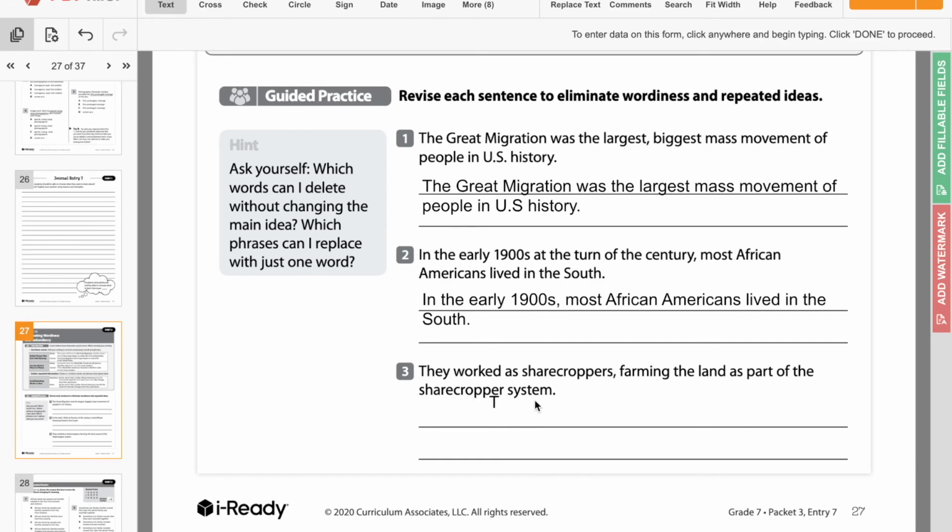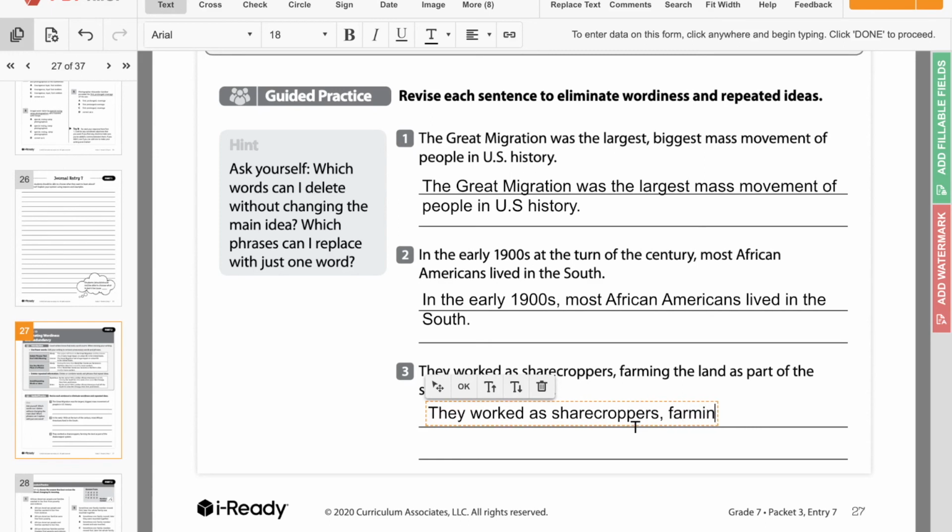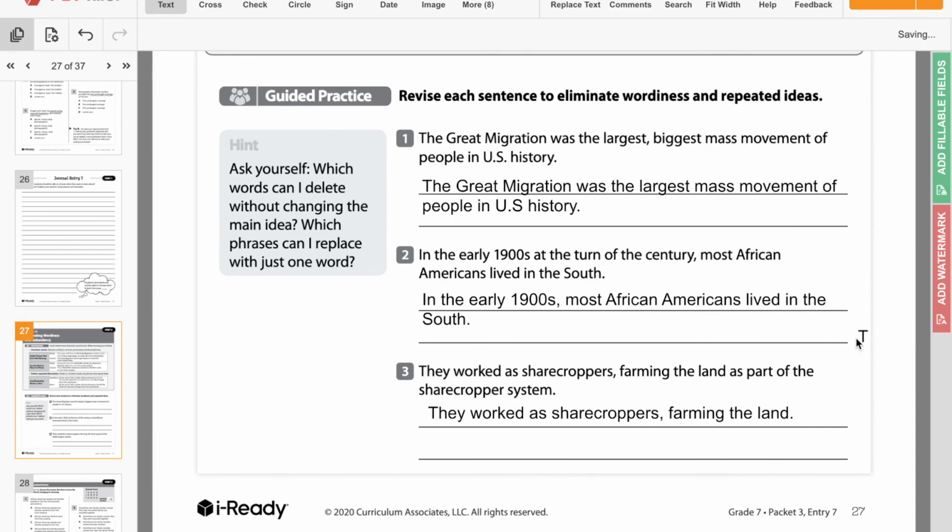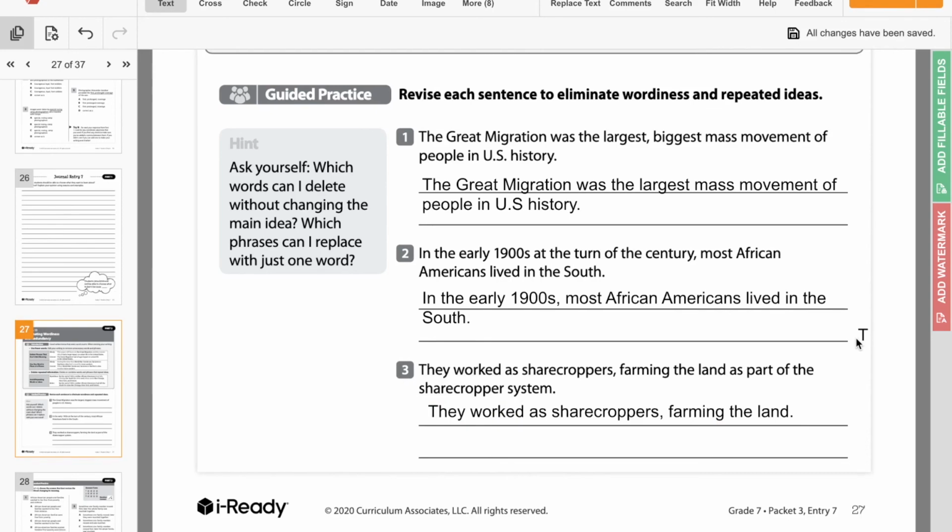It's not repeating it right after, but here it is repeating it kind of word for word. So it would work just the same if we said, "they worked as sharecroppers farming the land." We know that they're sharecroppers, so we know they're part of the sharecropper system. This is very, very simple. We don't want to overcomplicate this.